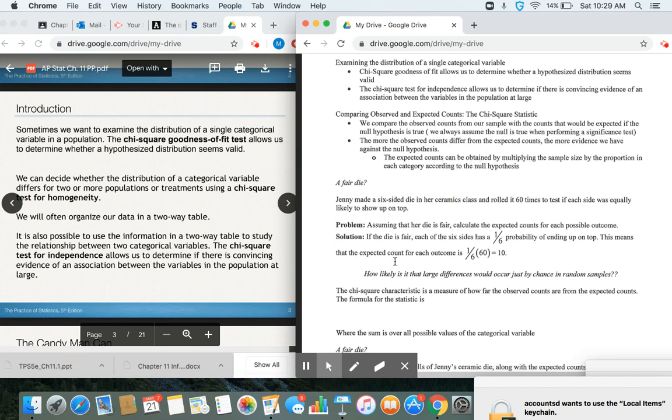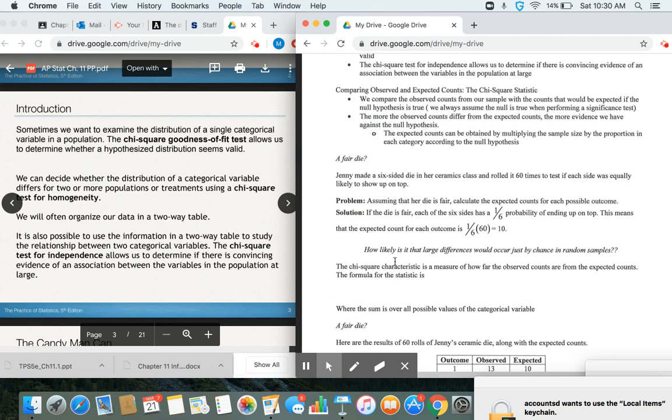And finally, something we might be familiar with is the chi-square test for independence. It allows us to see if we have convincing evidence about an association between variables. We'll look at some examples from chapters ago, specifically, maybe if you remember, the one about finger length and gender. That might come back up in the next section.